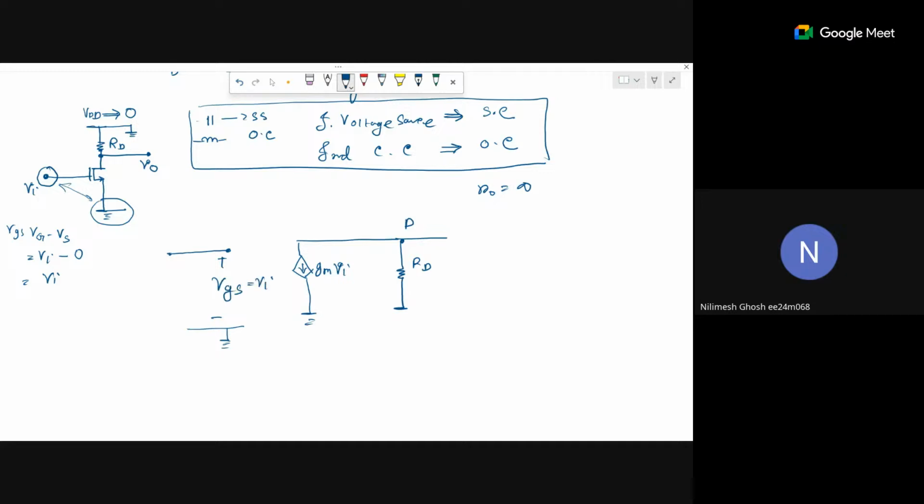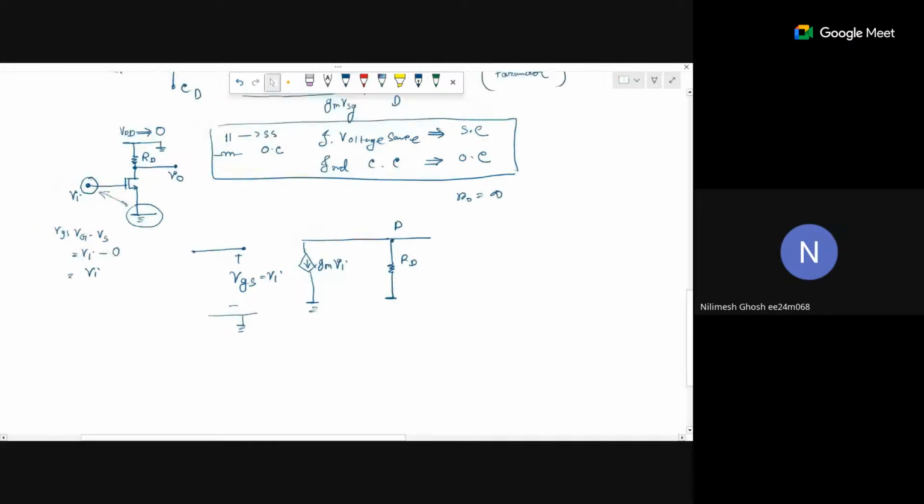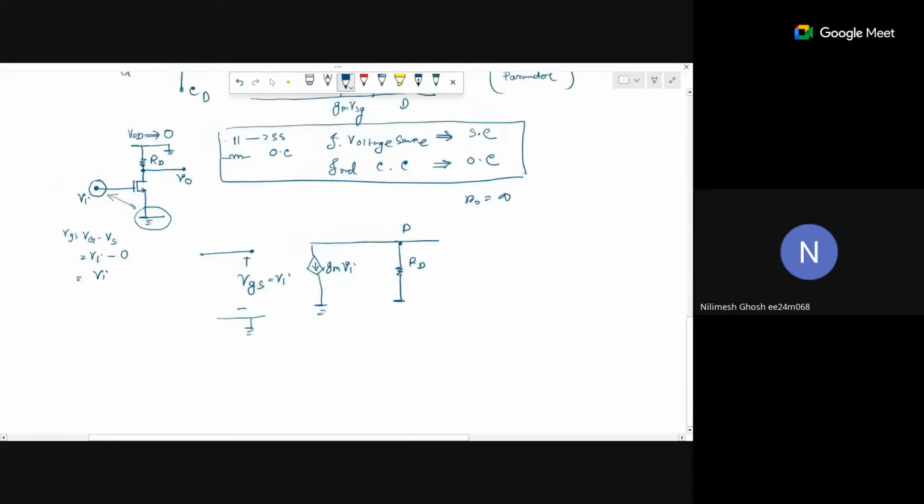So this is the incremental picture, and this is our V0, because we took the drain voltage as our output voltage. Now what is the current flowing here? Not ID.